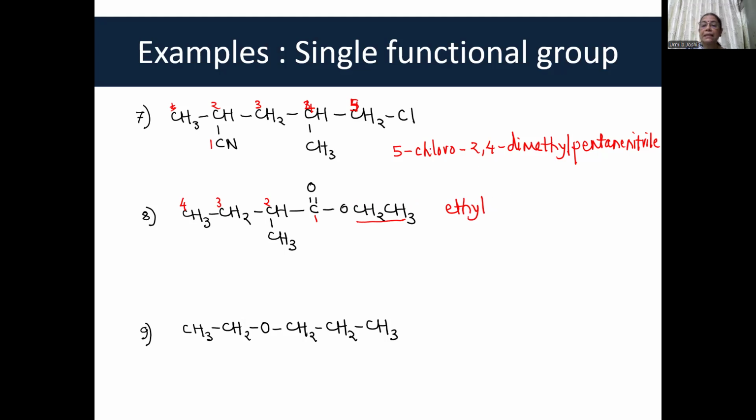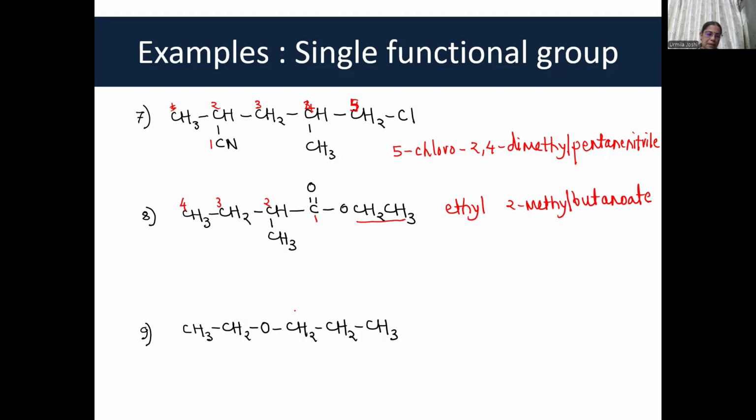Then put a space. Otherwise, here there is no space. Here you put a space. And how you will write? 2-methyl butanoate. Okay, the space will indicate that it is an ester.